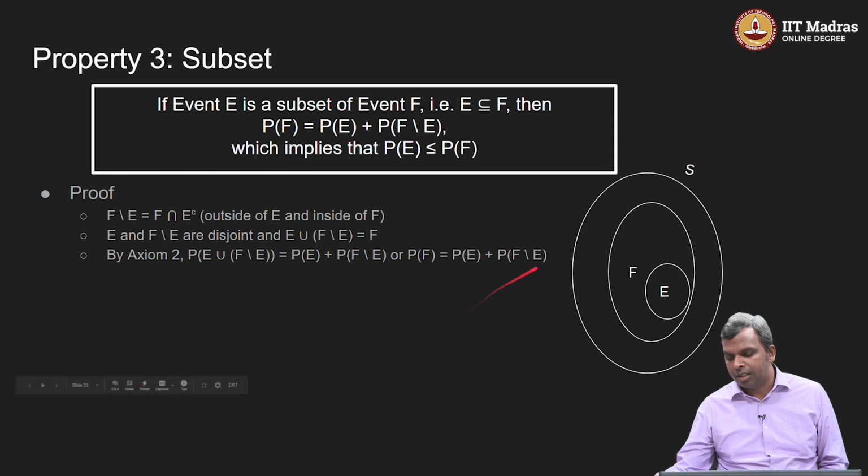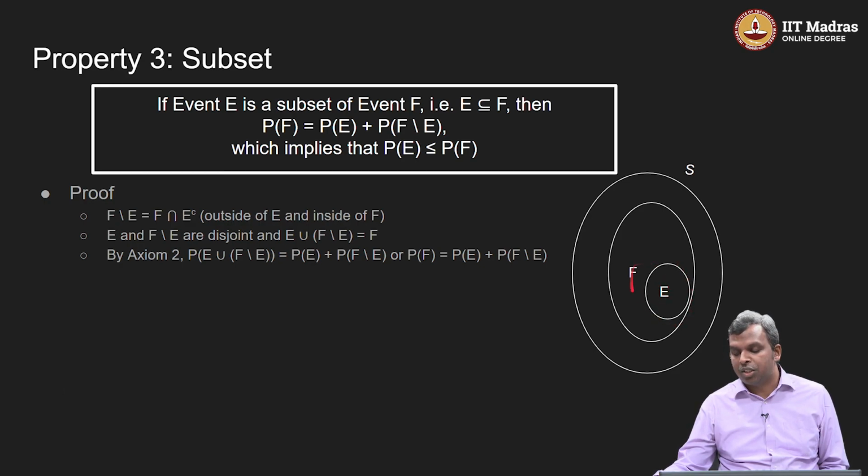The Venn diagram here shows how the events look. You have the entire sample space S, the big oval, then a smaller oval which represents the event F, and then an even smaller oval inside F, which is the event E. So this clearly shows E is a subset of F.